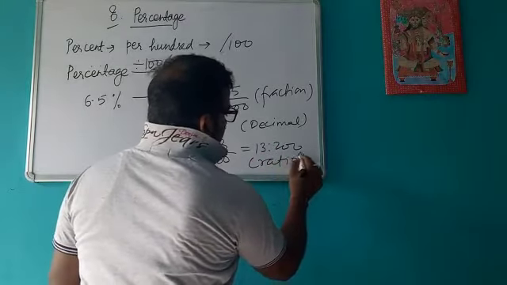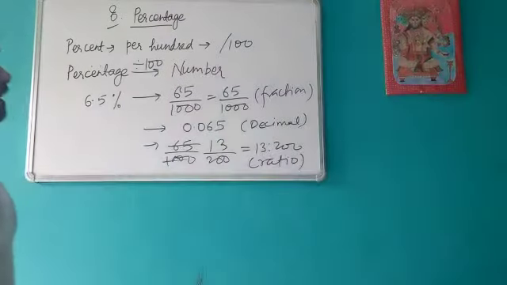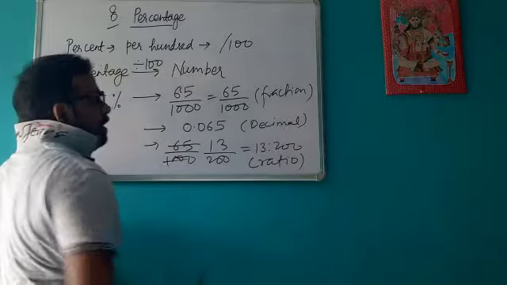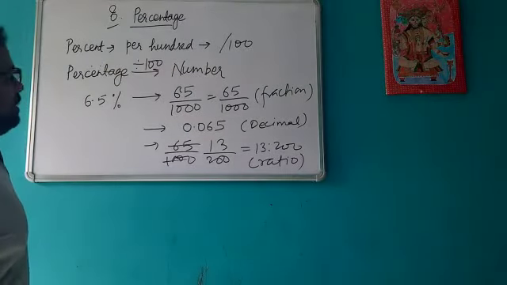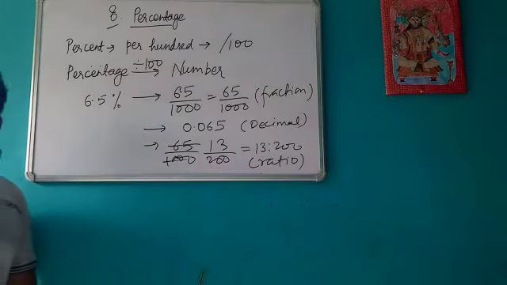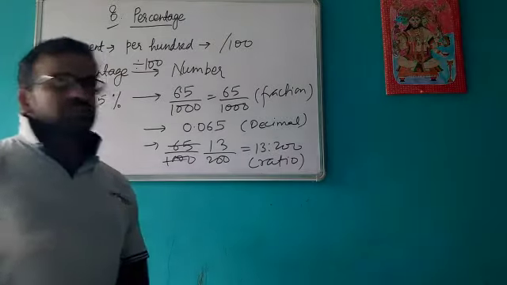In this manner I can convert a percentage into a fraction, a decimal, or a ratio. This is the concept we will use to solve questions, and you have already solved many such questions in the previous class.